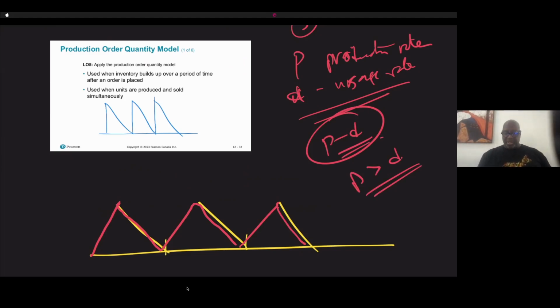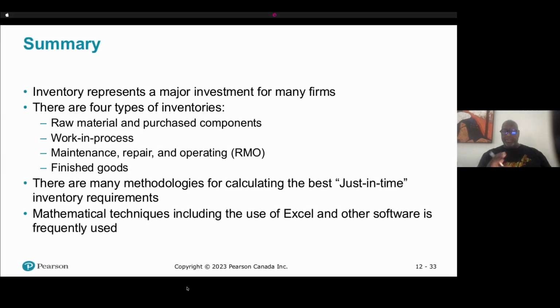So it gives us a unique model that allows us to determine the production order quantity, recognizing that we're going to be using some of it at the same time. It really forces us to produce more than we would have if we just had an EOQ model. That model will be shown to you in a subsequent video.